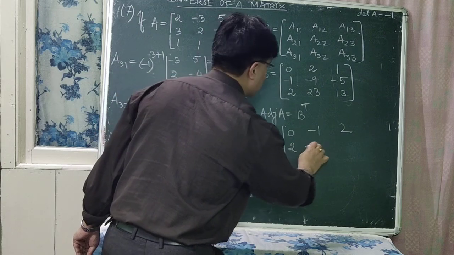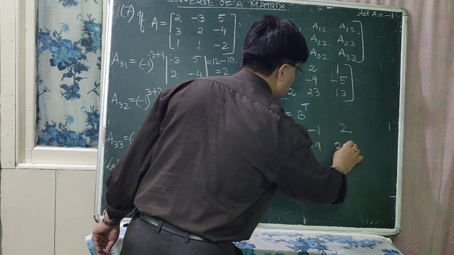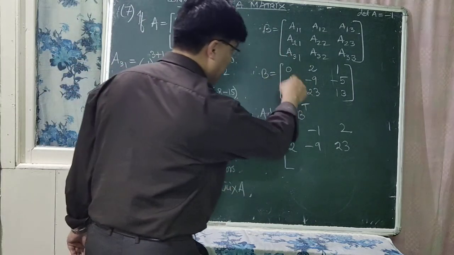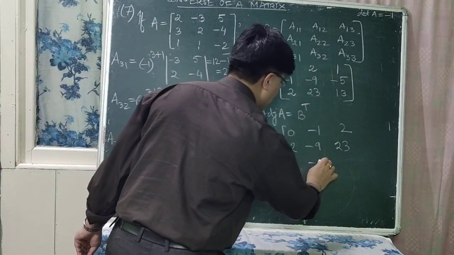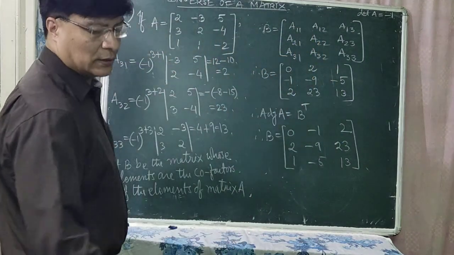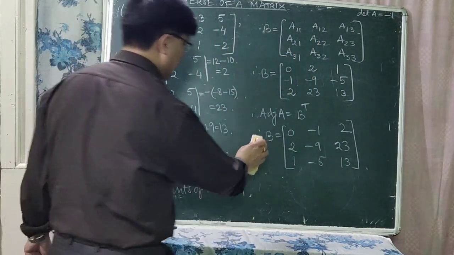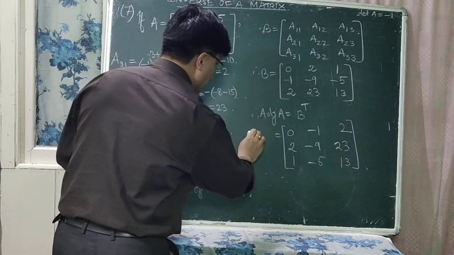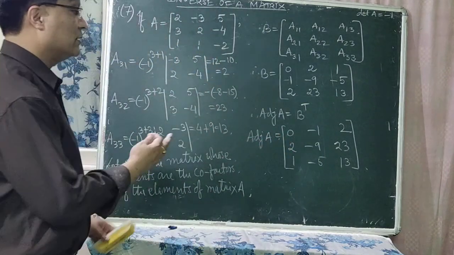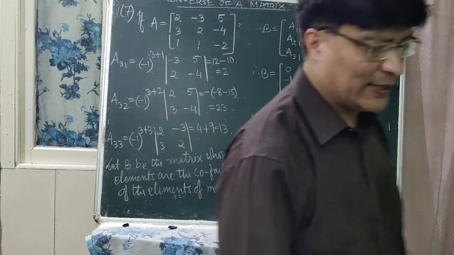Second column becomes the second row, 2, minus 9, 23. Then the third column becomes the third row, 1, minus 5, 13. Right? So this is the adjoint of A.